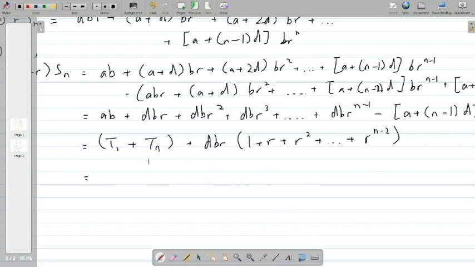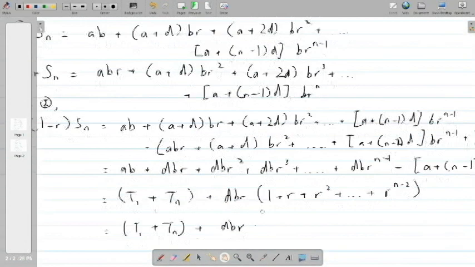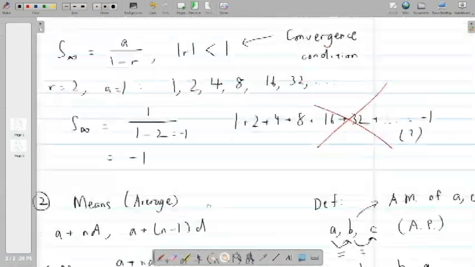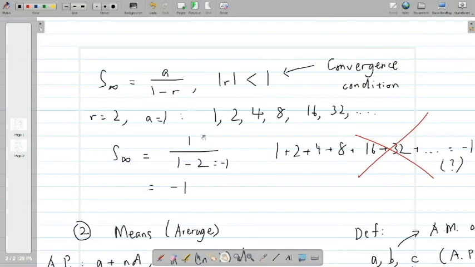So we're going to have t1 plus tn as usual. We're going to expand this out later, but for working purposes I'm just going to keep it simplified. dbr times, now this is a sum of a geometric series. Now we can actually use the formula that we used above for the geometric one.